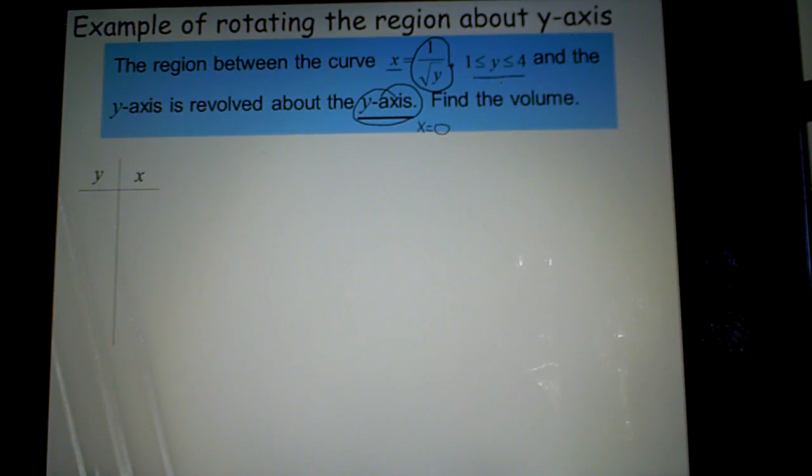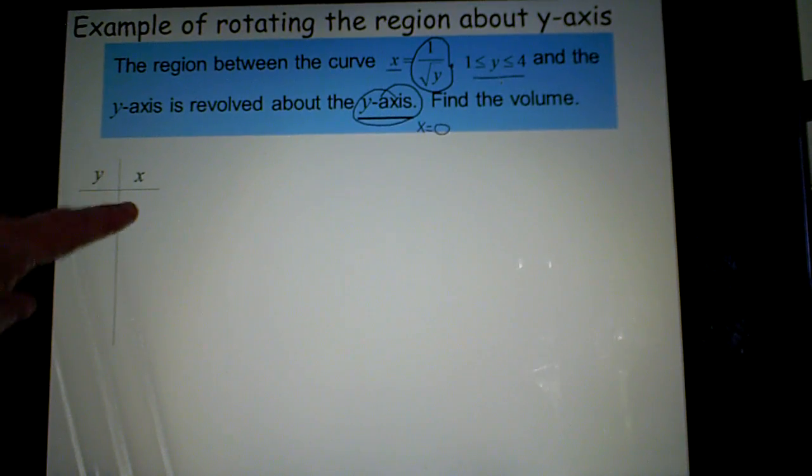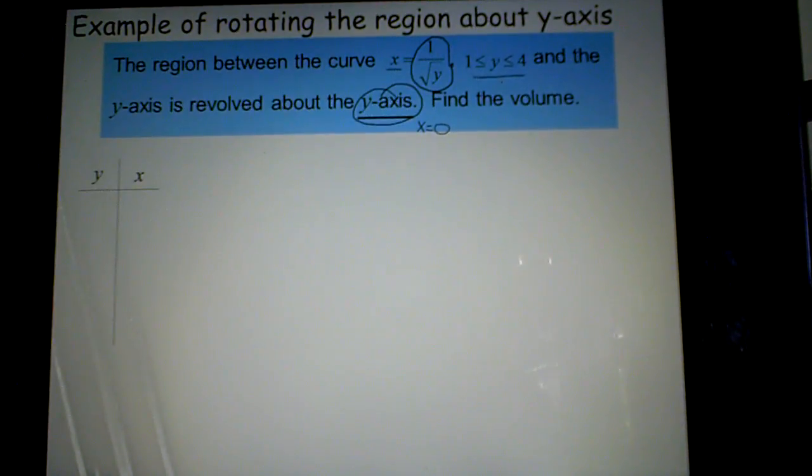So the first thing, I don't know what 1 over root y looks like. So notice that I made a chart with y and x. When I put in a y, what is an x? So I'm putting in values for y. 1 over the square root of 1 is 1. I put in 2, 1 over the square root of 2, approximately, and I went to 4. And I drew this shape.